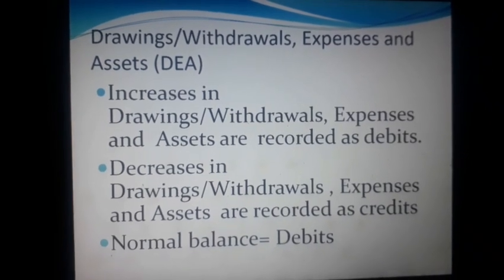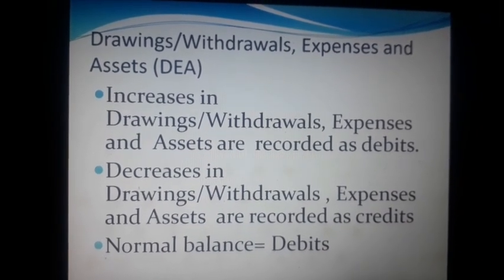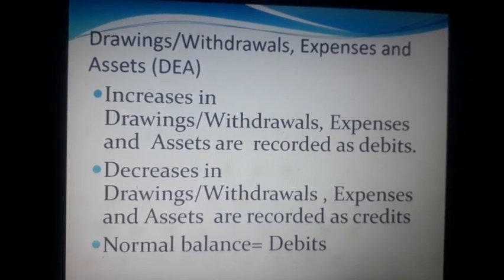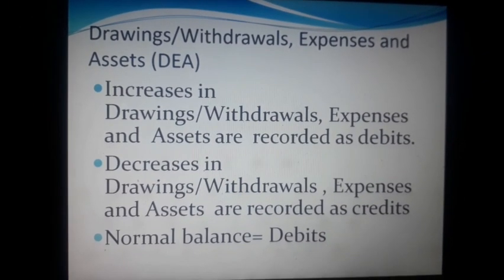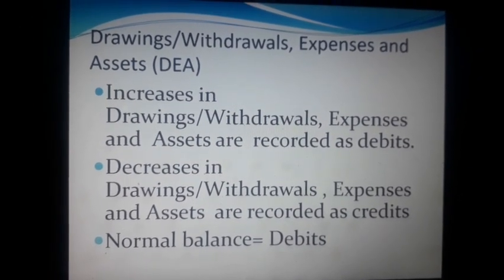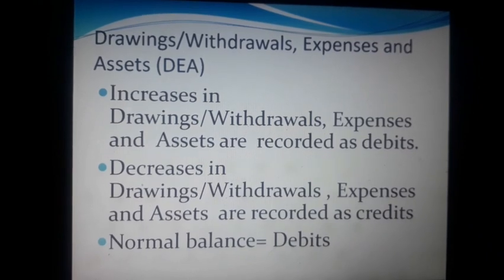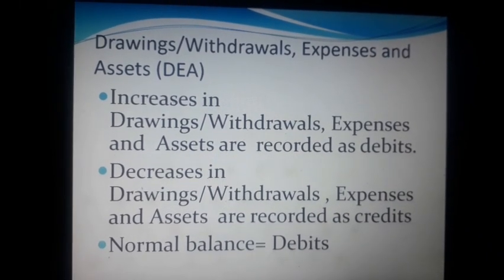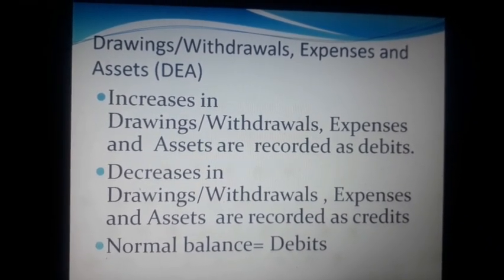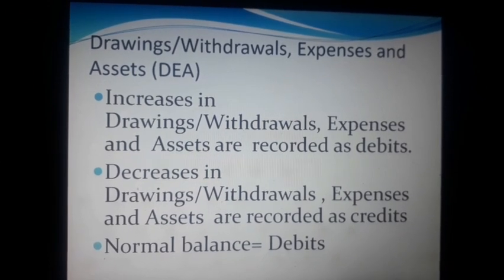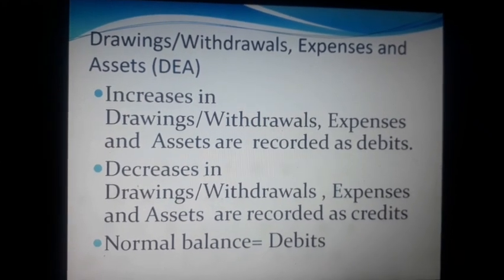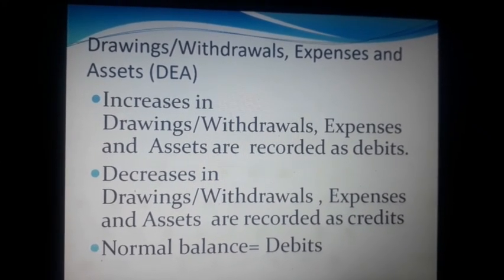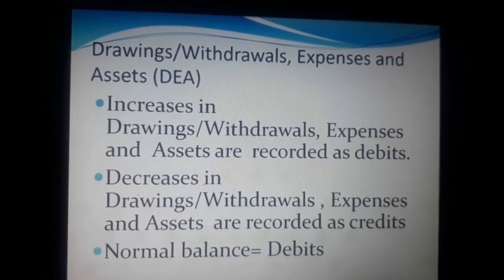Okay, so drawings, withdrawals, expenses, and assets, or the DEA: increases in drawings, withdrawals, expenses, and assets are recorded as debits. So, syempre, ang normal balance po natin ng ating DEA ay debits. Kapag normal balance, nag-i-increase po siya or nadadagdagan.